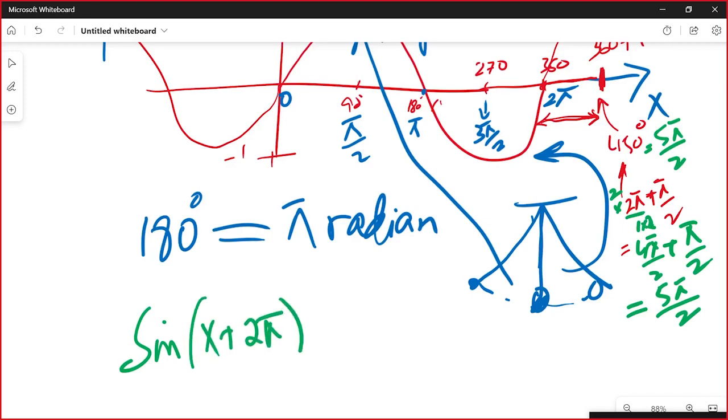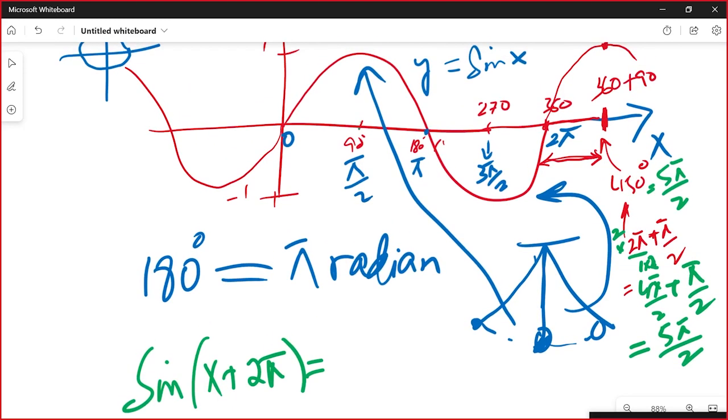Yes, because here x was 90 and then we added 2 pi, which is 360. And what is this equal to? The value is whatever the value was. So this is sine of x plus 2 pi, in our case for x equal to 90, and this is equal to sine x. Does it make sense to you?